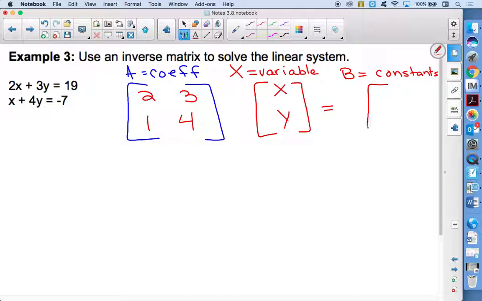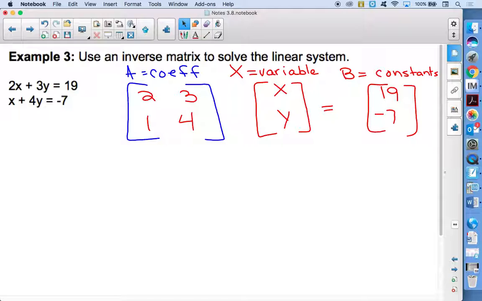What are the constants in the problem? 19 and negative 7. That's what it's equal to. So I took the equation, we kind of rearranged the variables, pulled the numbers outside, put the variables in its own matrix, and then on the other side of the equal sign would be the two values that the equation is equal to. So we're going to use the calculator again.